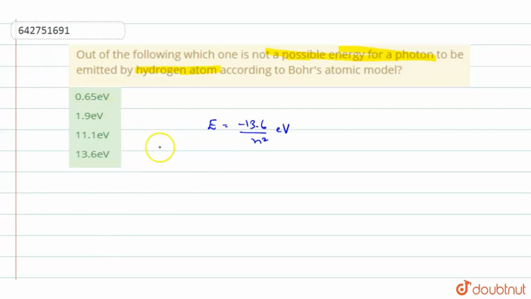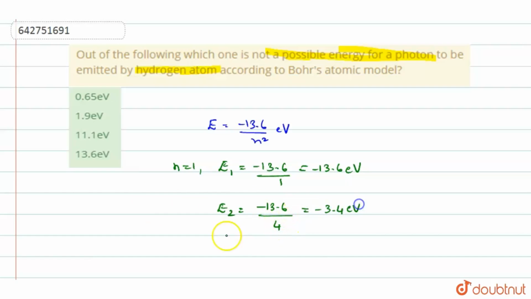Let us say we give n equal to 1, where you get E1, which is minus 13.6 by 1, equal to minus 13.6 electron volt. Same way for n equal to 2, it becomes minus 13.6 divided by 2 square, which is 4, so this becomes minus 3.4 electron volt.